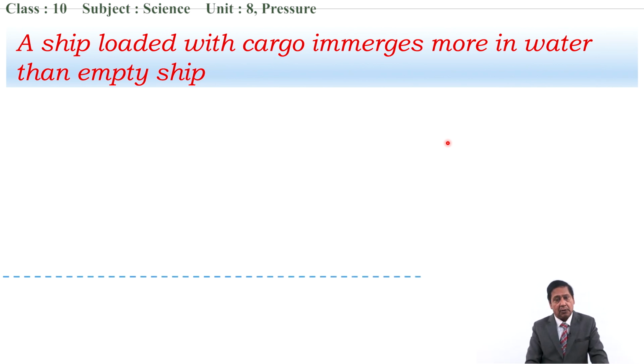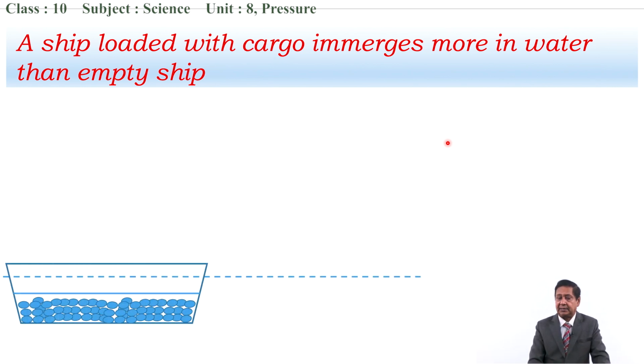Look at this, the level of water, and this is a ship loaded with cargo. Cargo is normally placed at the bottom side of the ship. Cargo means the material carried by the ship, and this ship is immersing a lot. Why is it immersing a lot?